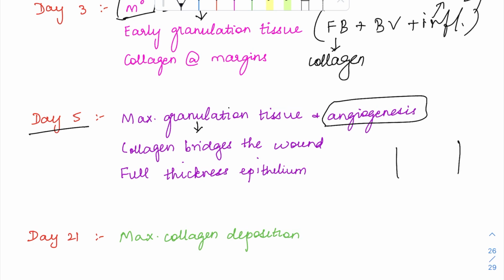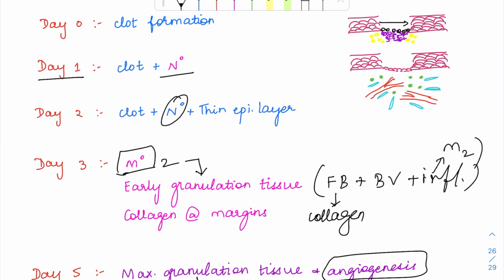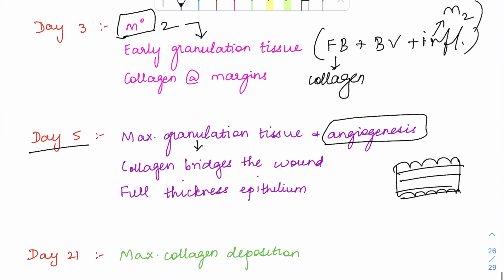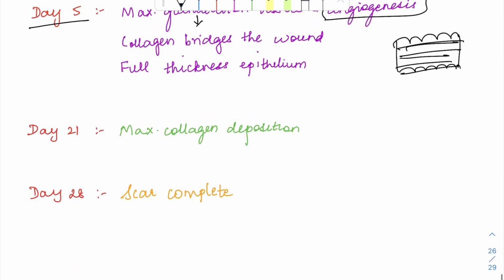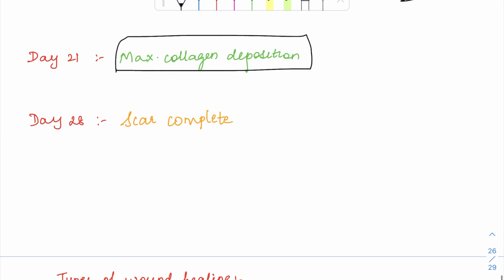So the wound gap is going to be filled by this collagen, and there is also full thickness epithelium. So initially the lining was only this much, right? In this stage it was just a thin layer of epithelium, but on day 5 it has grown to the entire thickness.